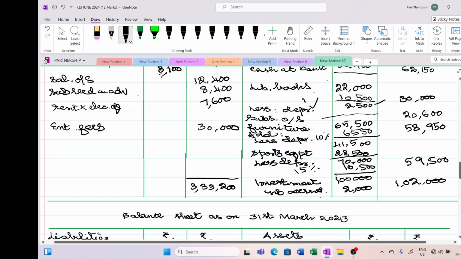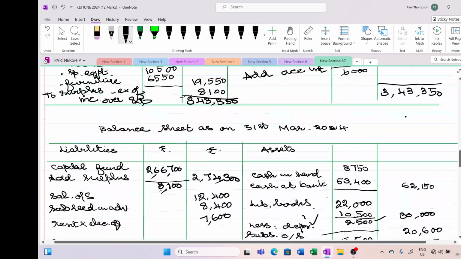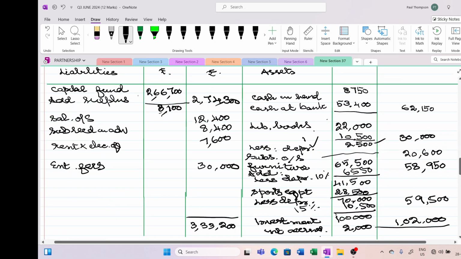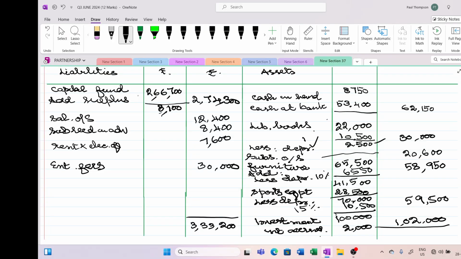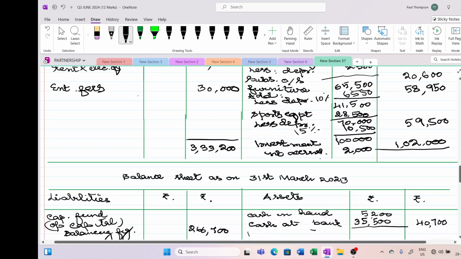This side also, when you total this, what is your cash? 62,150, 1,02,000, 2,600, 58,950, 59,500, and 130,000. Okay, so this total also comes to 3,33,200. So the balance sheet is over.